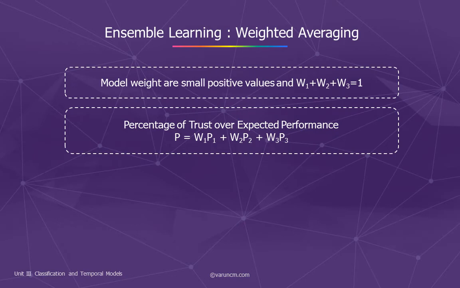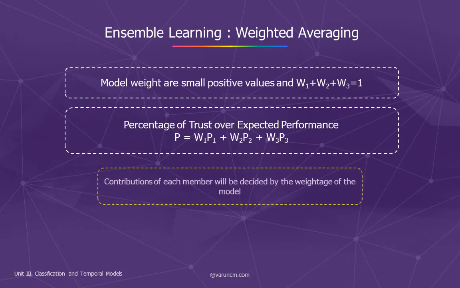And the percentage of trust over this expected performance will be calculated using the performance index, that is P, equal to the expected performance, which is equal to W1, that is weight 1, into P1, related to the first model, plus W2 P2, the second model, and W3 P3, the third model.